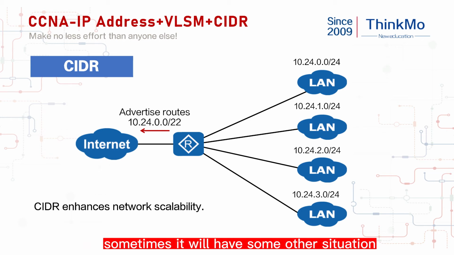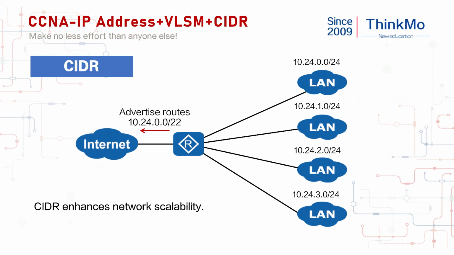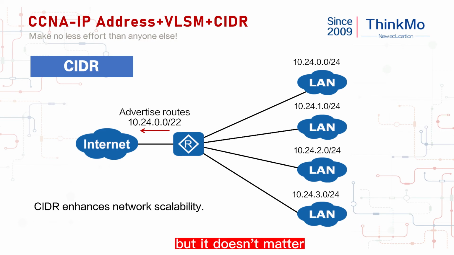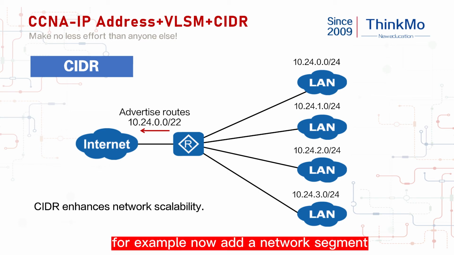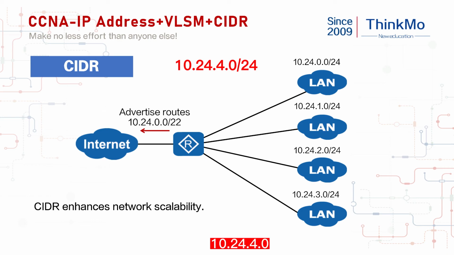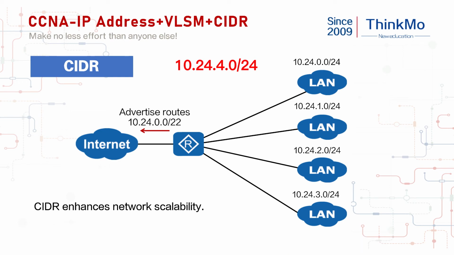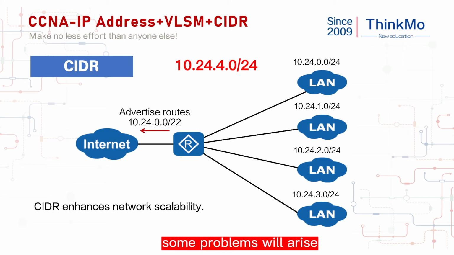Sometimes there will be some other situations. I leave you with some extended knowledge, but it doesn't matter. For example, now add a network segment 10.24.4.0 with a 24-bit mask. So you will find, when summing up 5 of them at the same time, some problems will arise.